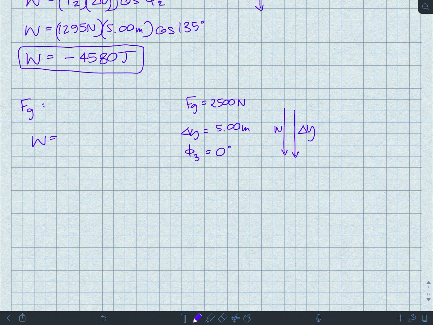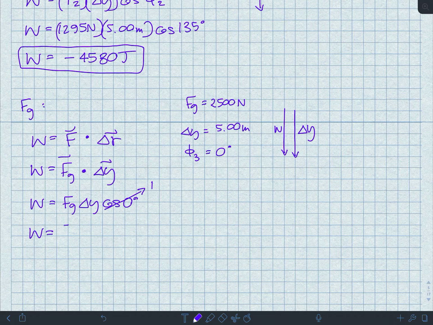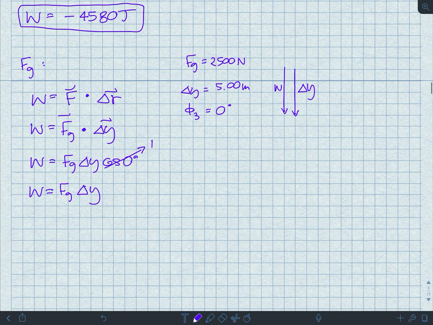Okay, so let's see how much work is done this time. This is going to be F sub g dotted into delta y, which is F sub g times delta y times the cosine of the angle between them, which is 0. The cosine of 0 is 1, so the work done is going to be F sub g times delta y.